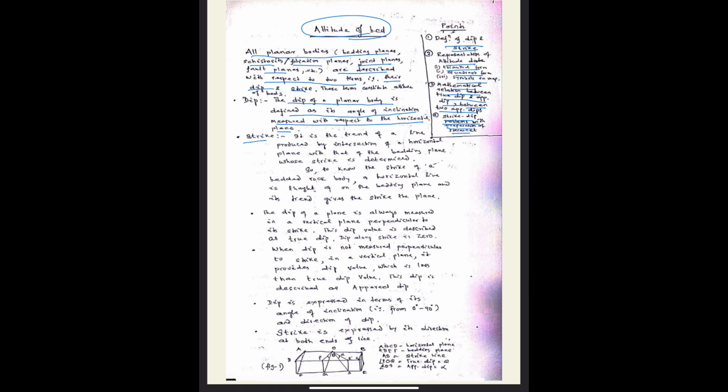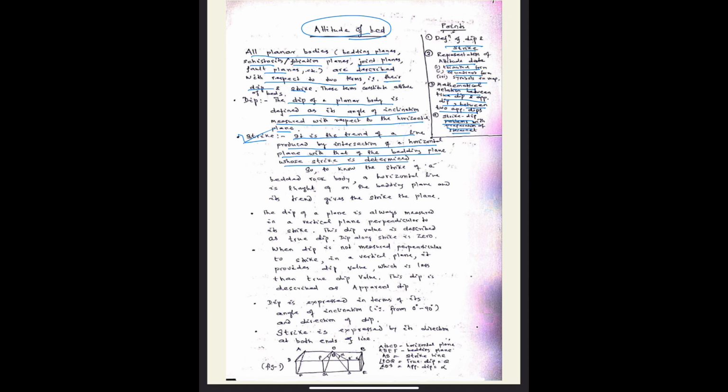And what is the strike? Strike is the trend of the line produced by intersection of the horizontal plane with that of the bedding plane whose strike is to be determined. So strike is a feature that comes into picture when two planes are considered. There is the inclined bed and another is the horizontal plane. Their intersection line is the strike.